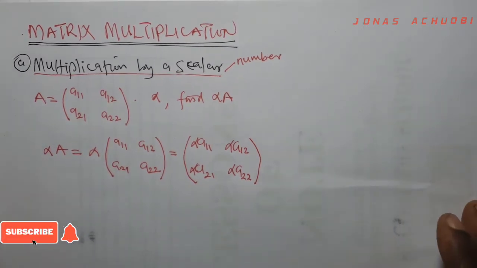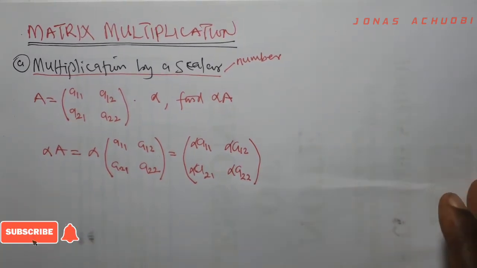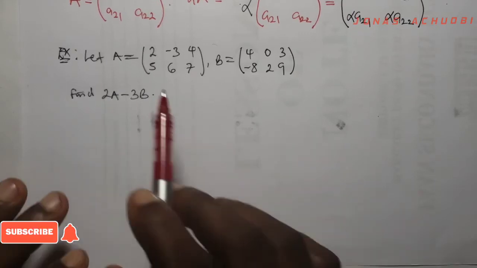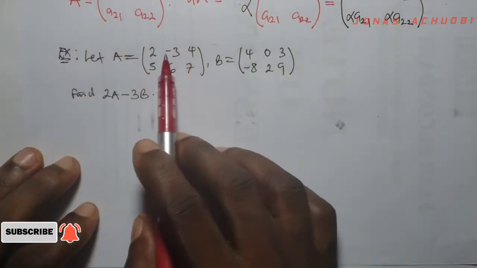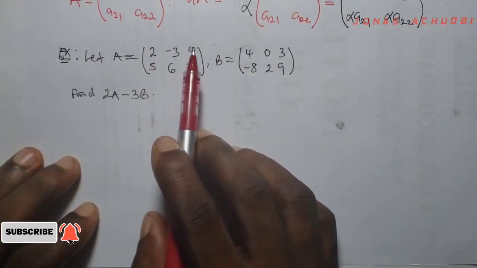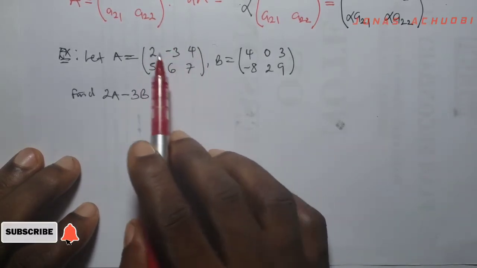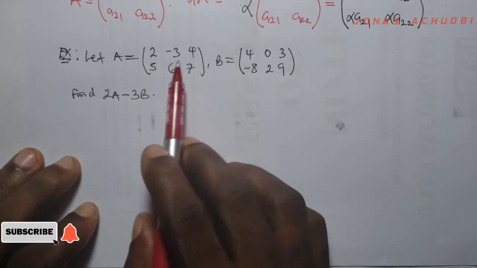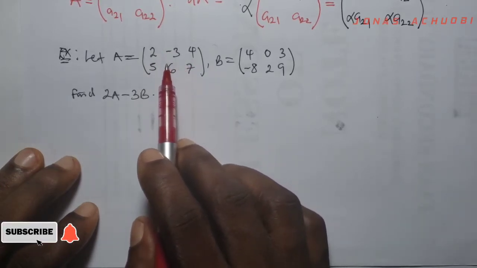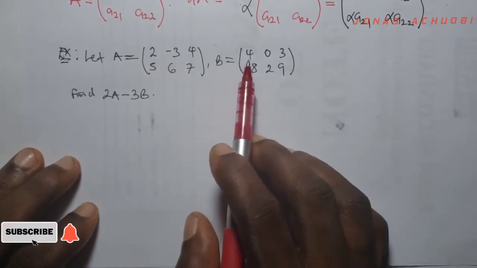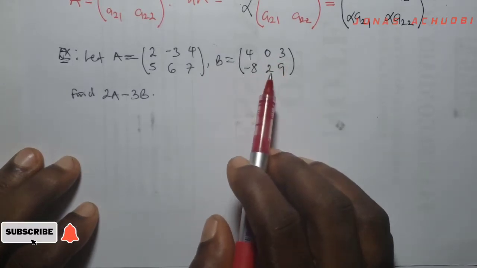Now let us take a more concrete example to see what is happening here. Let matrix A be the matrix with the entries 2, minus 3, 4, 5, 6, and 7. This is a 2 by 3 matrix. That's the order of the matrix. Matrix B has the entries 4, 0, 3, minus 8, 2, and 9.